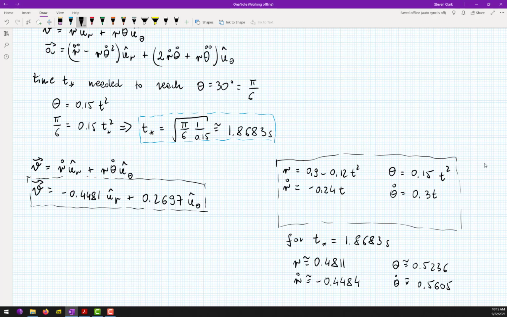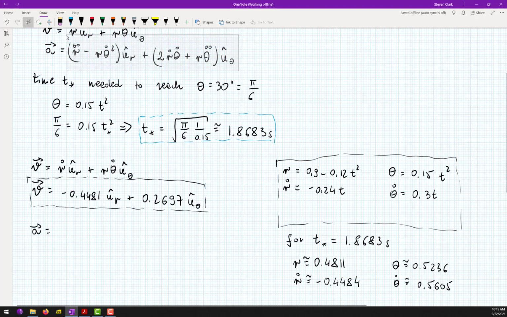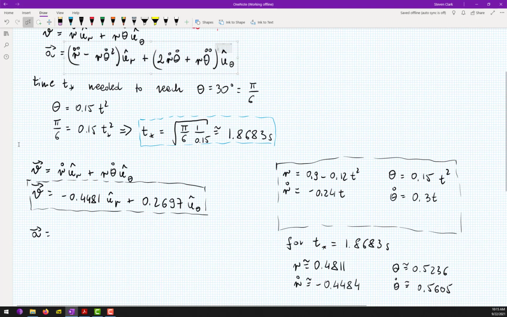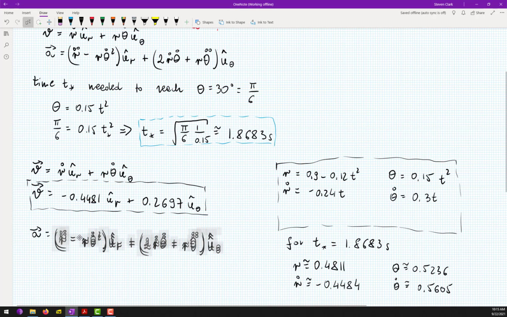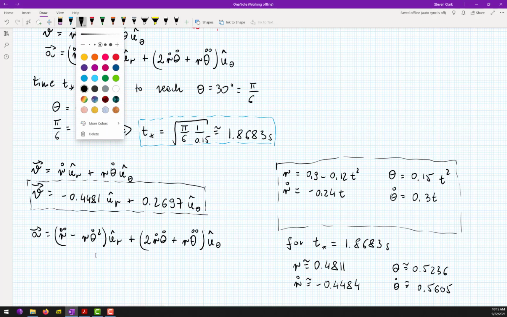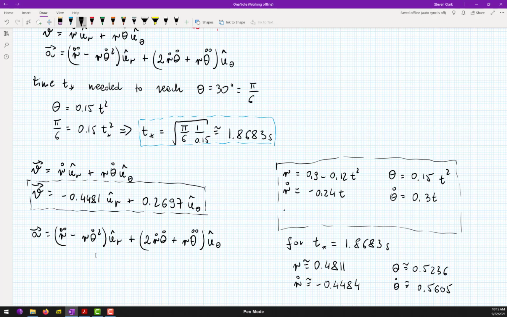Okay, so now acceleration. Let me copy paste this expression. And to find acceleration, we need everything. Yes, we need r, we need r dot, and we need r double dot as well. So r double dot. I'm not going to even ask you guys. You will probably laugh at my face if I ask you for that.